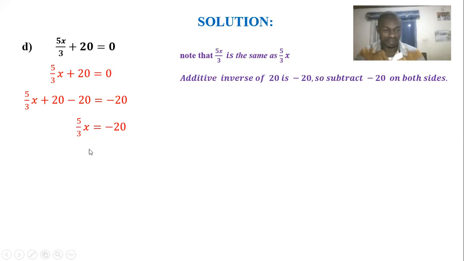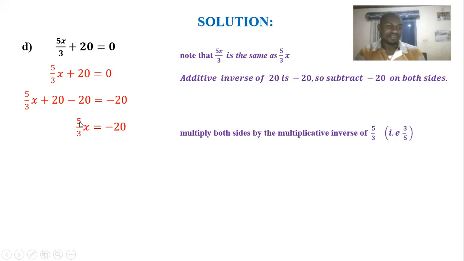And now, to remove 5/3, which is the coefficient of x, we multiply both sides by the multiplicative inverse of 5/3. And the multiplicative inverse of 5/3 is 3/5.